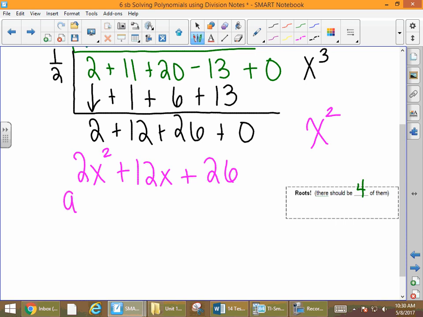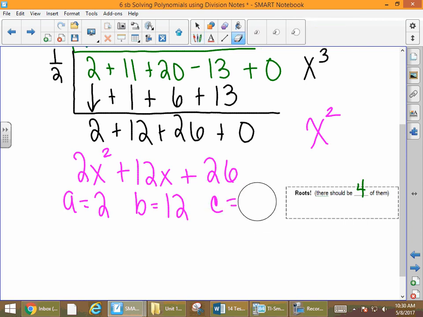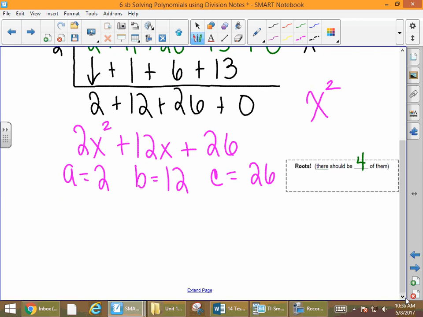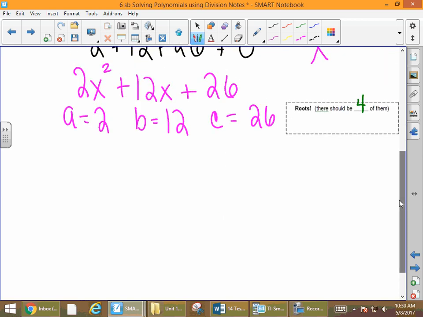Let's just talk about A is 2, and B is 12, and C is 26. And we'll put that back into our quadratic formula. Remember, we're looking for 4 roots. We found 2 of them on the calculator. We need all 4. If you should happen to be able to find all 4 on the calculator, then you just need to do a lot of synthetic division to prove that the answers are correct.